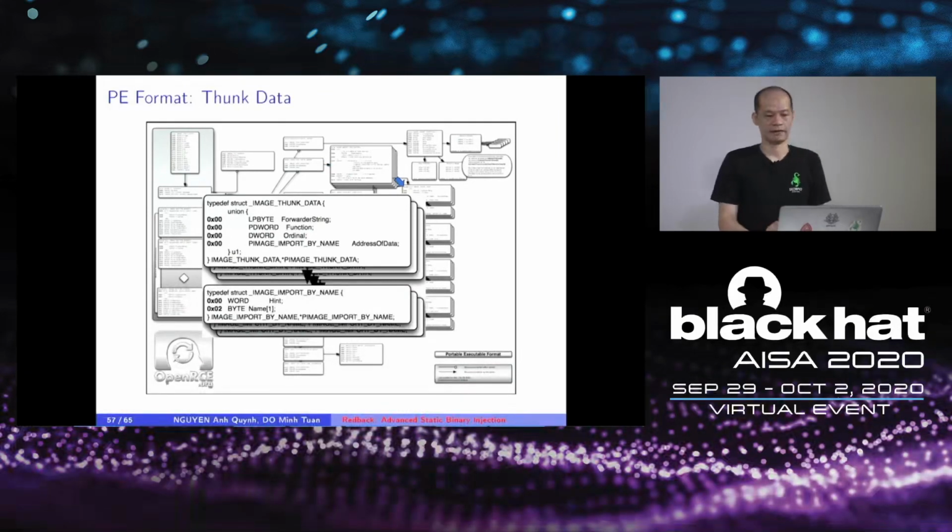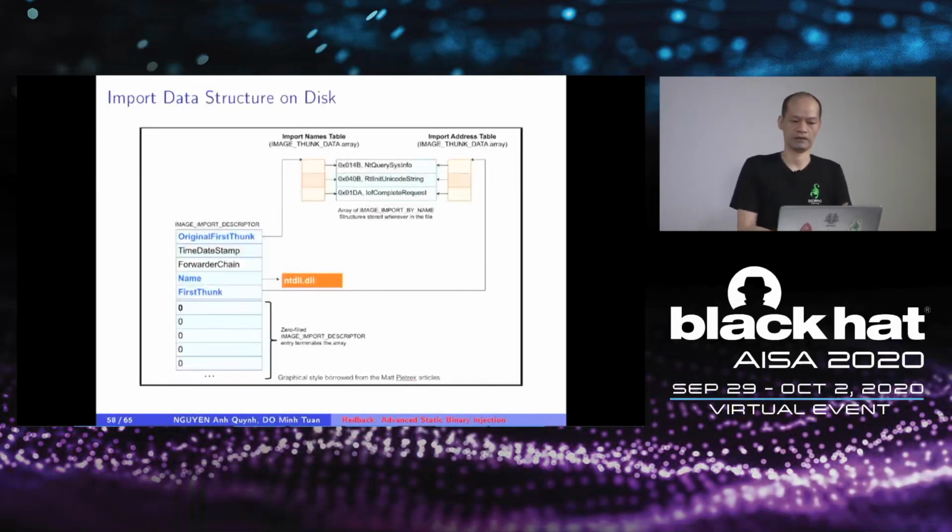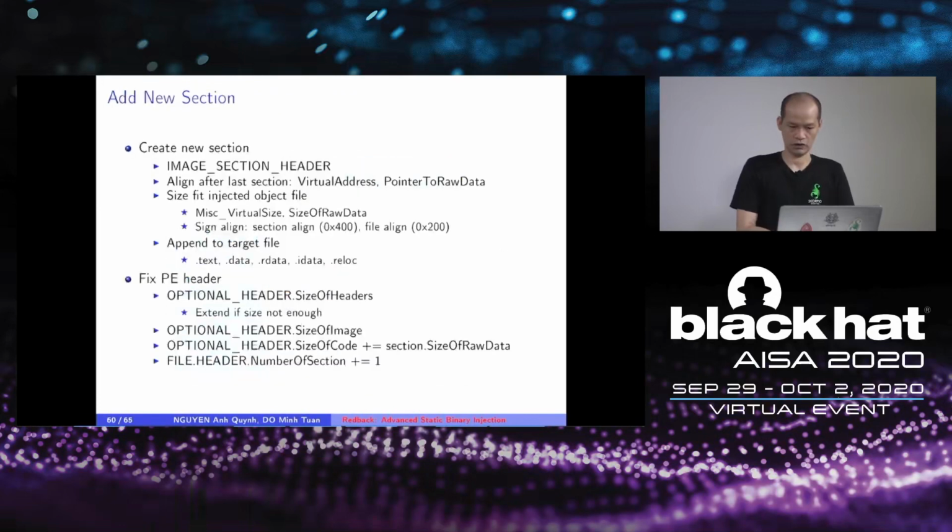So we see that Redback needs to add a new section for the injection. To create a new section, we append a new section at the end of the original program. After that, we need to align it so it can be recognized by the system. The size of the section needs to fit the injected object files.